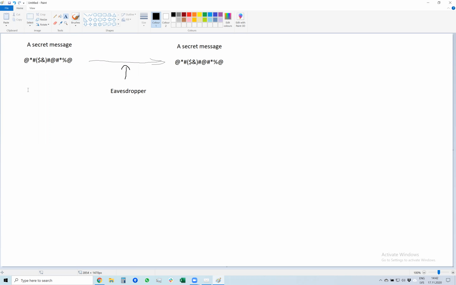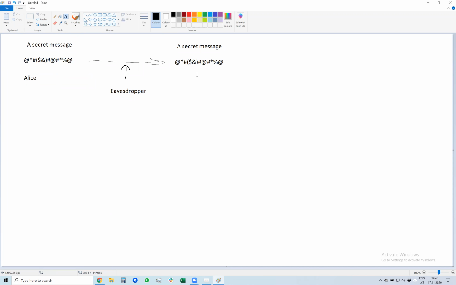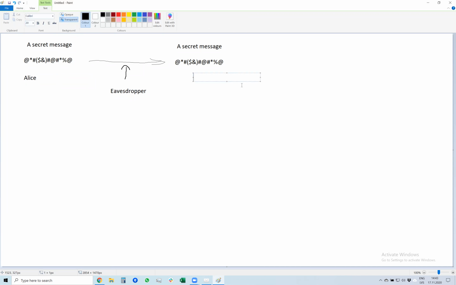And by the way, these parties are often given names. A, the person sending the message, is often called Alice. And person B, who is receiving the message, is oftentimes called Bob. You will see this in some literature talking about cryptography.